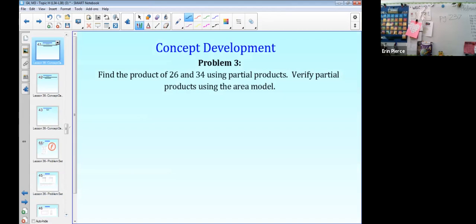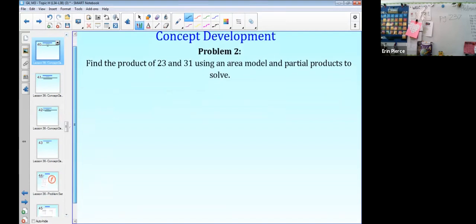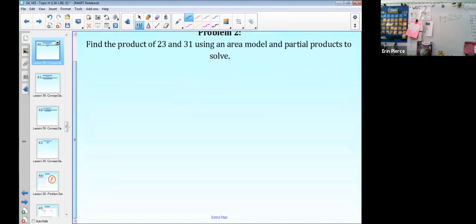Oops, I skipped one. Okay. All right, we're finding the product of 23 and 31. So we're set, product again is multiplication, 23 times 31. How can I break down 23 and 31?